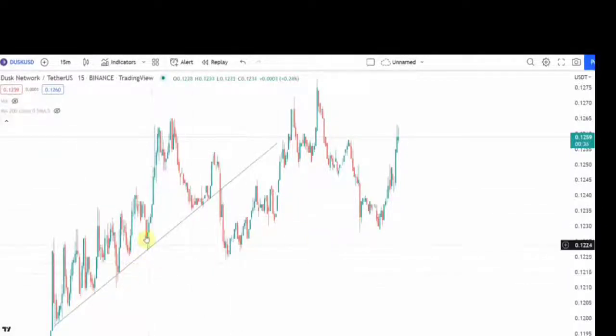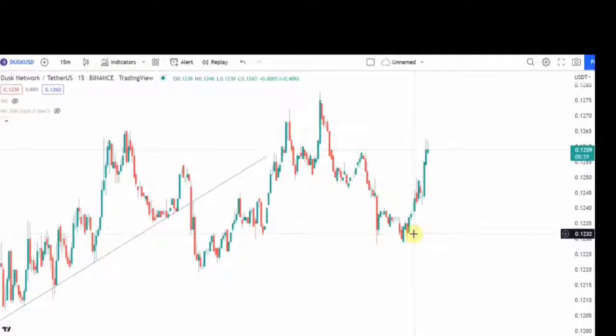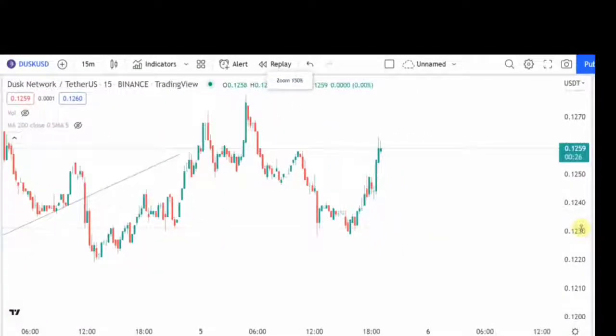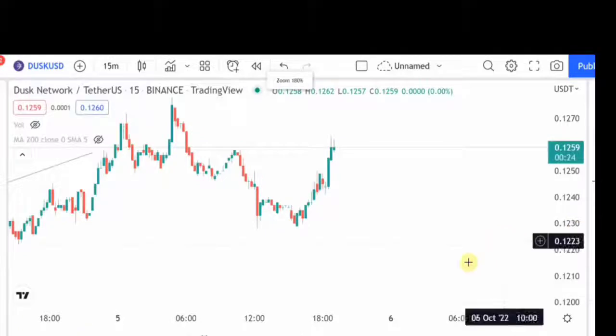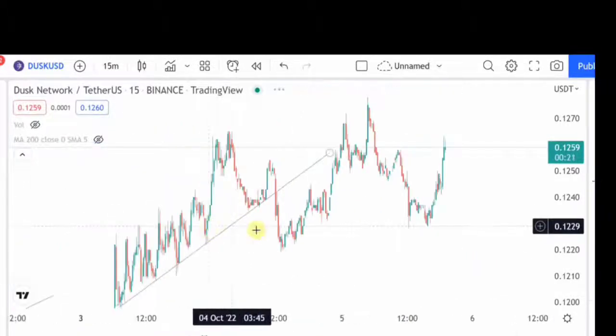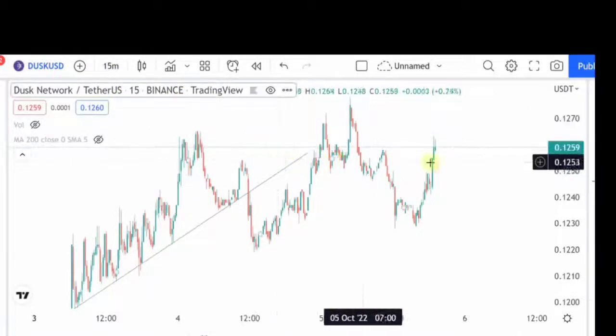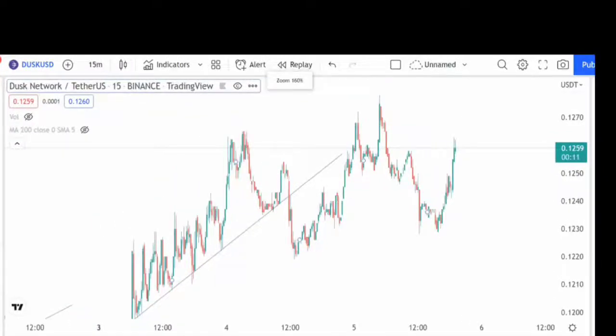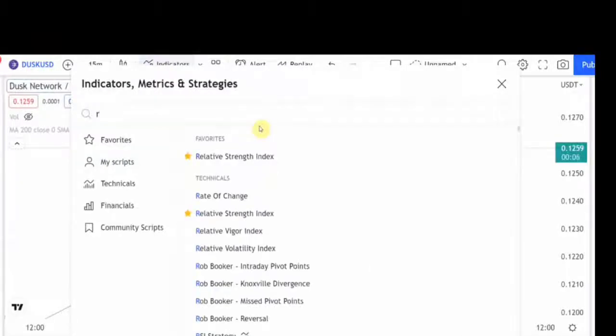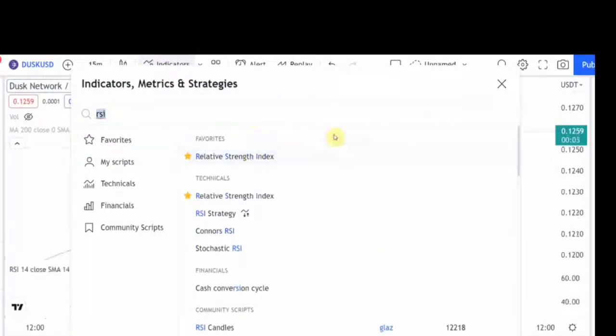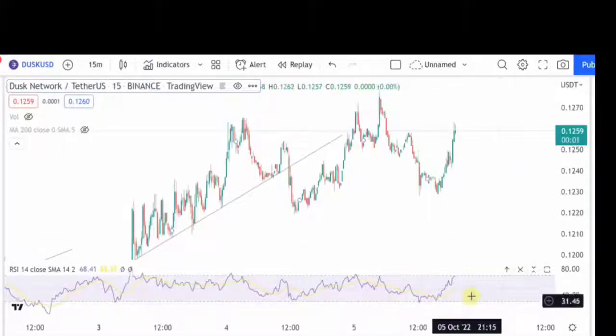For you to get the RSI, once you launch TradingView, the next thing you will do is click on Indicator. You will see it at the top. Once you click on this indicator, you type in RSI and it will show up here.